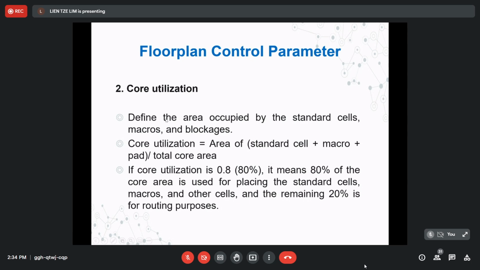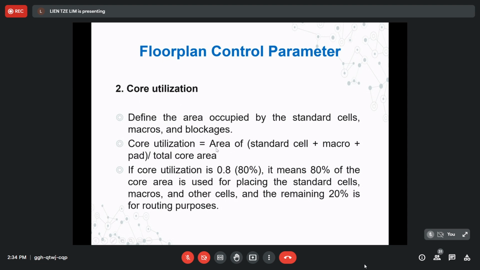After we estimate the area, we need to plan the core utilization. It defines the area occupied by the standard cells, macros, and blockages. How do we determine core utilization? The formula is given: area of the standard cells, macros, and pads divided by total core area.